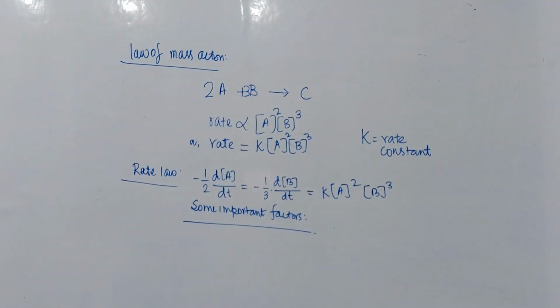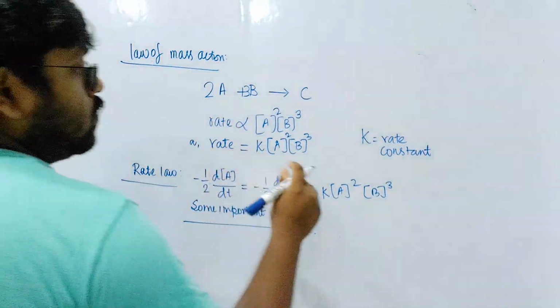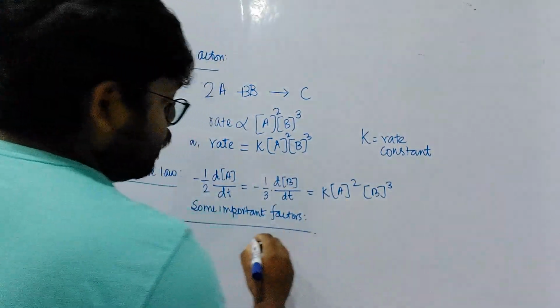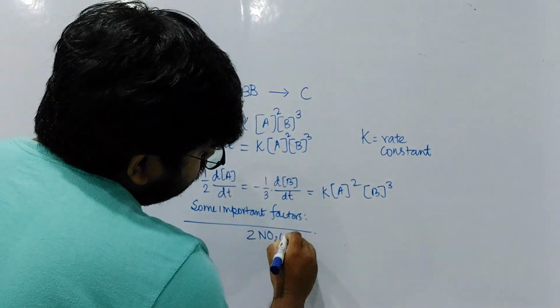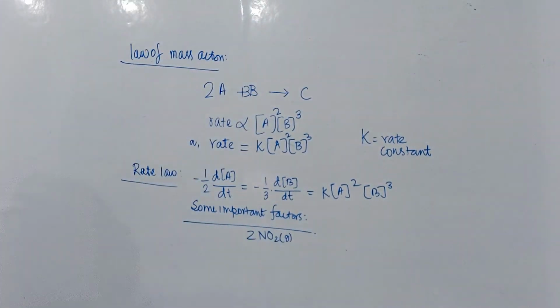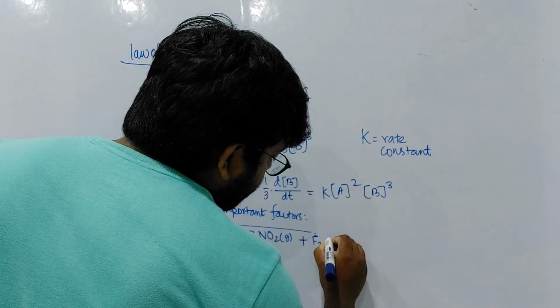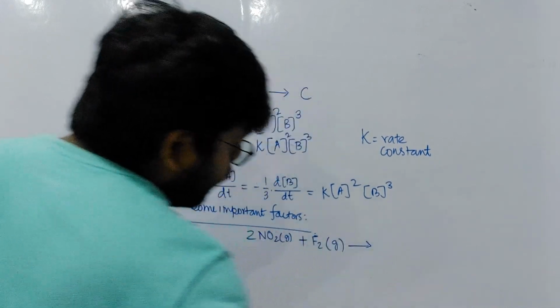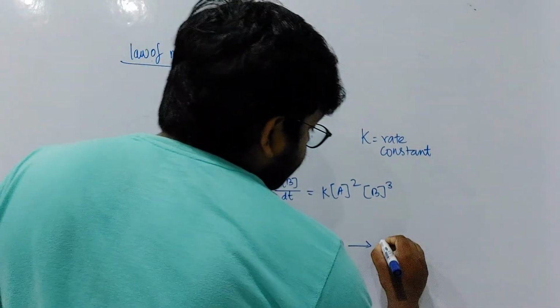A very simple example is this reaction: 2NO2 gas plus F2, they will combine and give us 2NO2F.